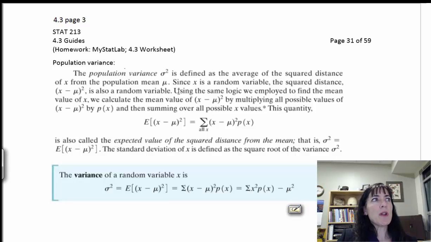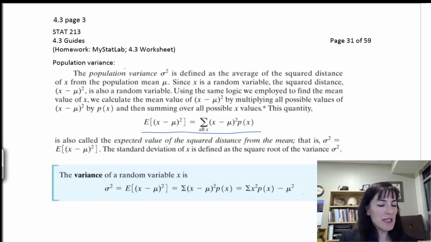And using that same logic, we can calculate the distance by multiplying all of the possible values of that distance by the probability and then summing over all the values. So we end up with something that looks like this formula here. And that's the expected value of the squared distance from the mean, and it's the variance squared.